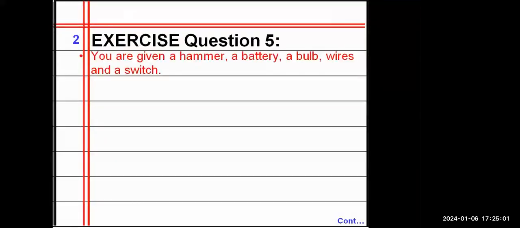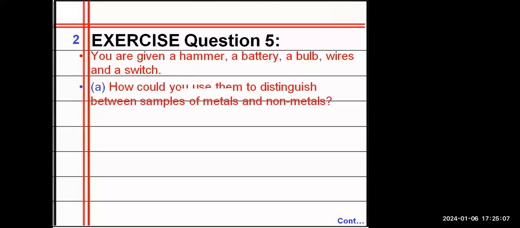Next, you have a question. You have been given a hammer, a battery, bulb, wires, and switch. How could you use them to distinguish between the samples of metals and non-metals? So they are asking you, will you be able to distinguish using these substances?